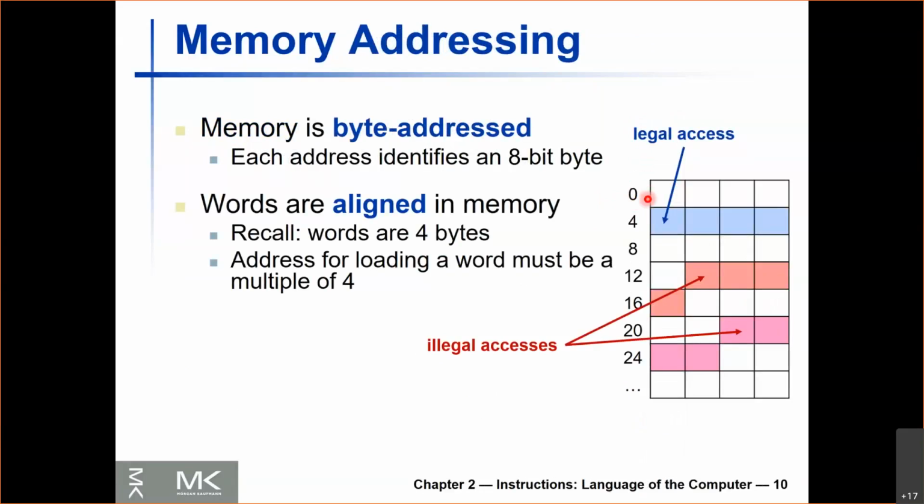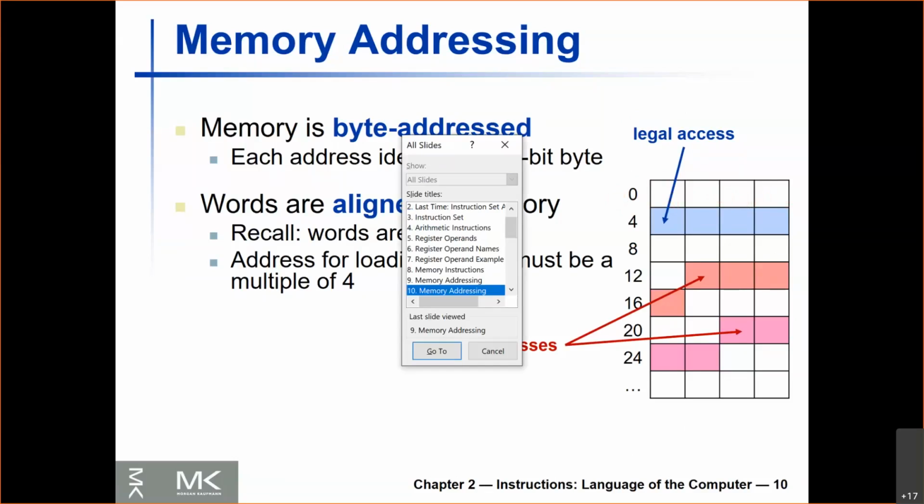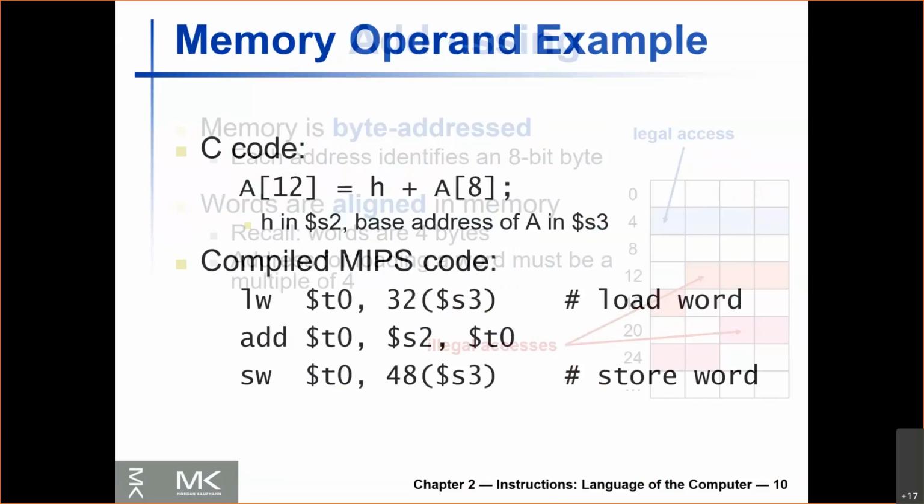So the word at address 0 consists of the byte at address 0, the byte at address 1, the byte at address 2 and the byte at address 3. So this row does not only refer to the byte at address 0, it refers to the word at address 0, which is 4 bytes. That's why we have 4 squares over here. So each square is 1 byte, the square is not 2 bits. Okay, other questions?